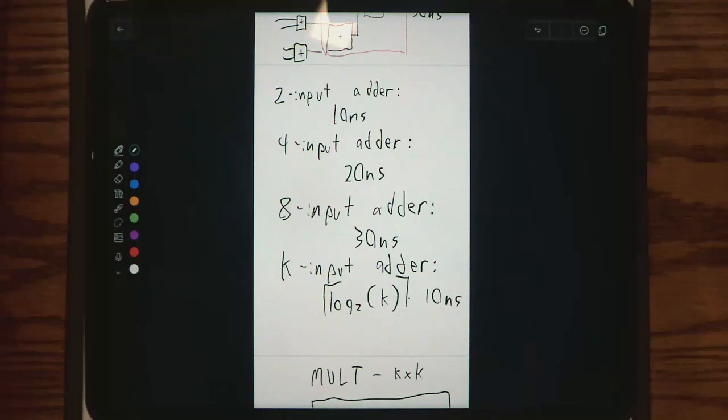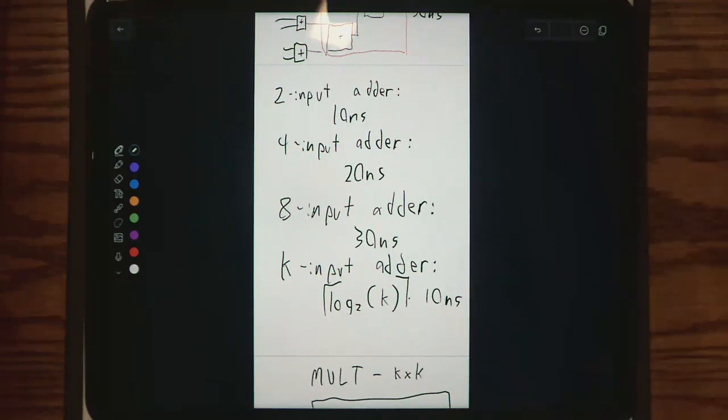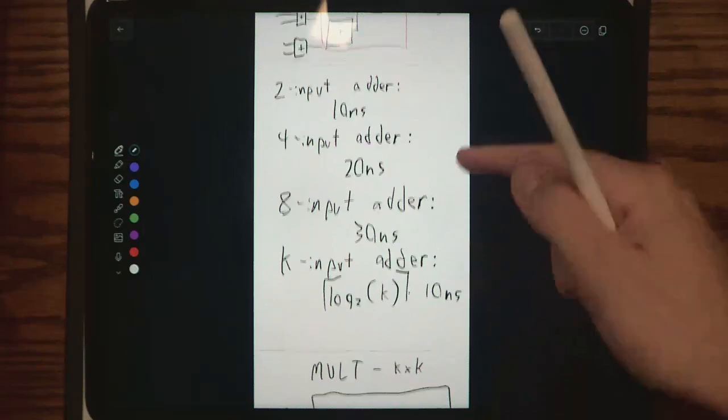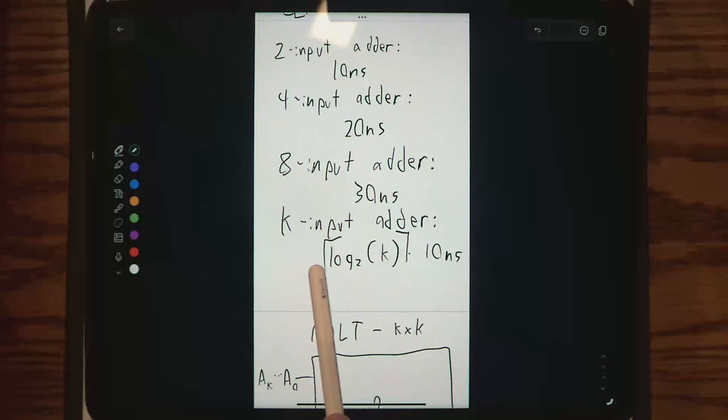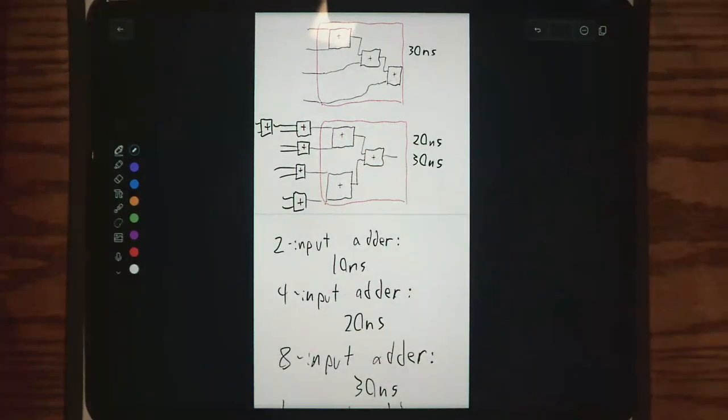And so what we'll have is a 1,000 wide multi-operand adder. There's no beating around the bush, even if we're using an efficient layout, it's still a lot of logic being created, and it's going to be pretty slow.